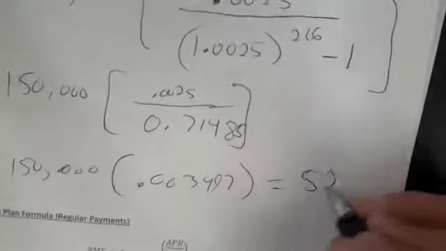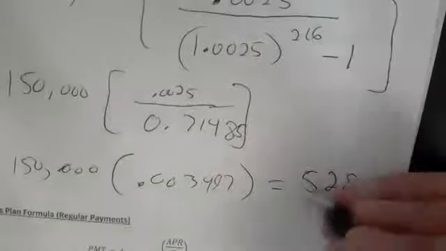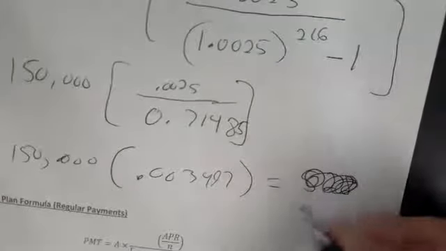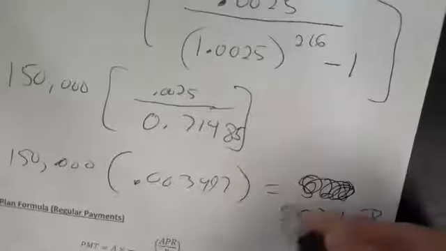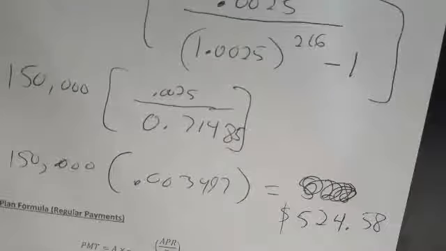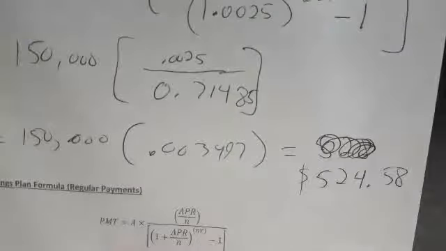And it should be around 520,554.58. I think if you do the rounding, you'll be around 3 cents off on that one.